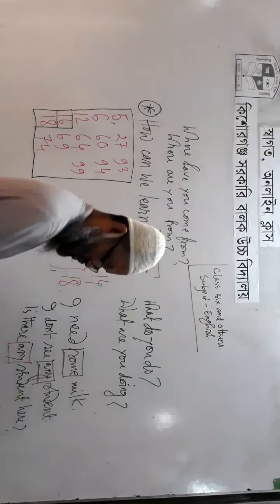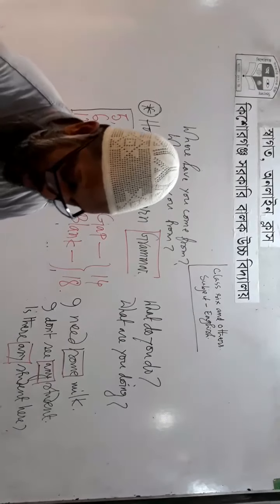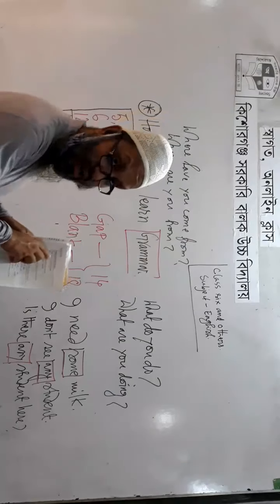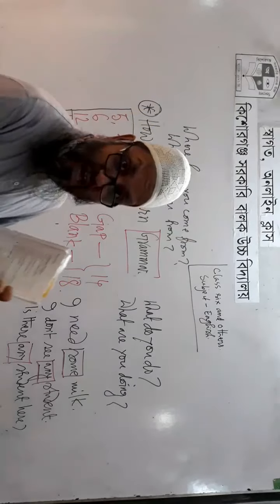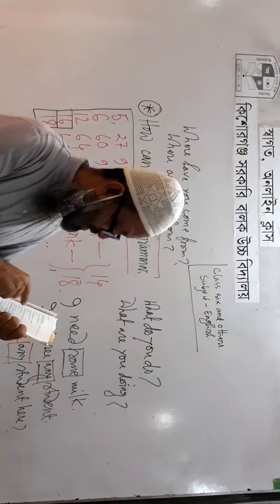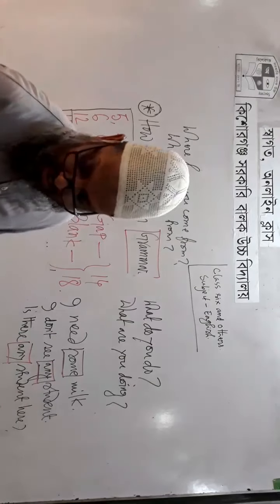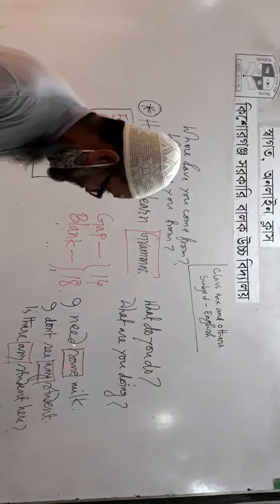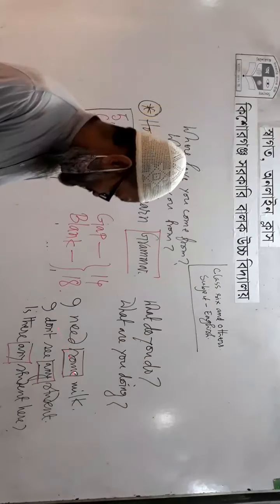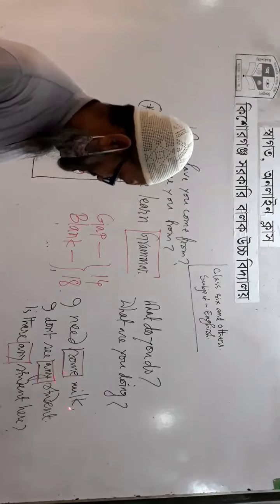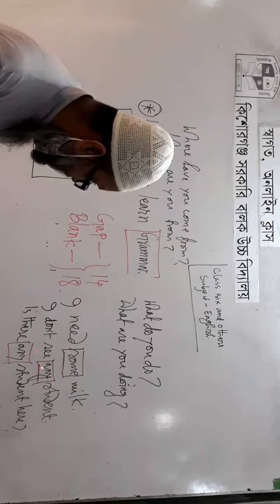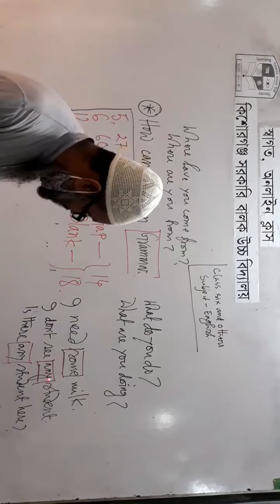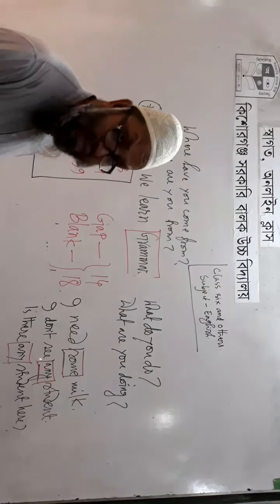Okay, so how we will use some or any, or where we will use some or any, this type of grammatical point is pointed out here. Okay, so let's see. I need some milk. See that it is an affirmative sentence, a positive sentence. That's why some is used here. Okay, I don't see any student. See that it is negative. That's why we have used any.